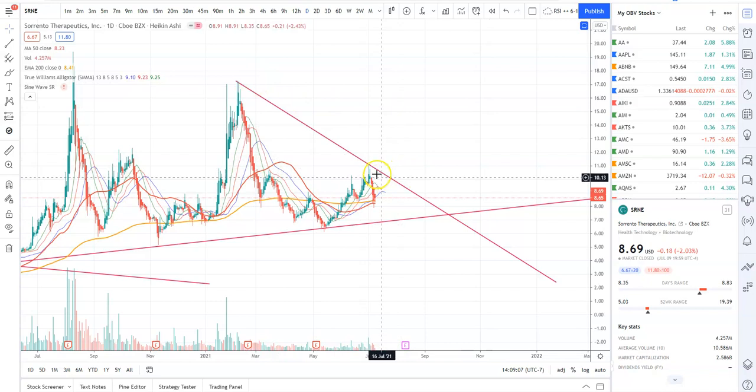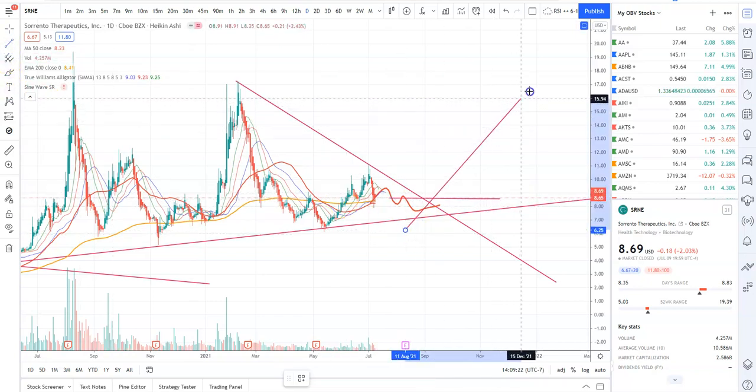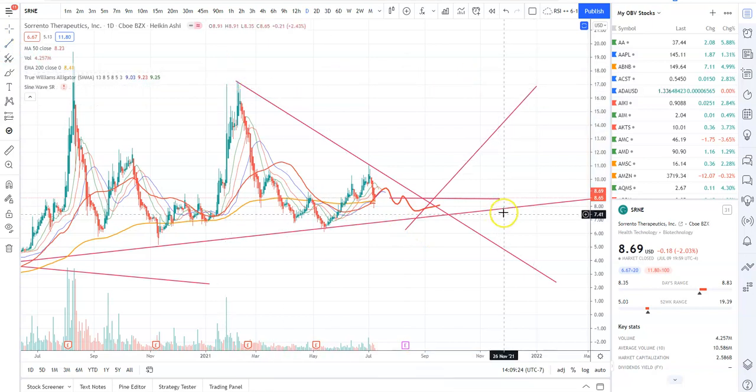This brings into play some of my favorite ways to play stocks. I look for breakouts from these patterns and to have some sort of structure right upon the breakout and a trend line that we can follow to the upside. And this, in my opinion, is the absolute best way to play individual stocks in the stock market.